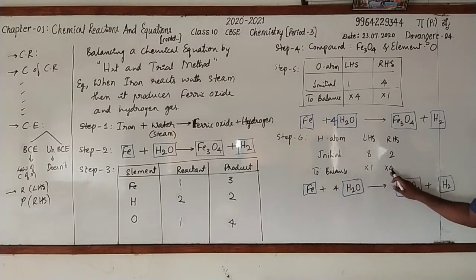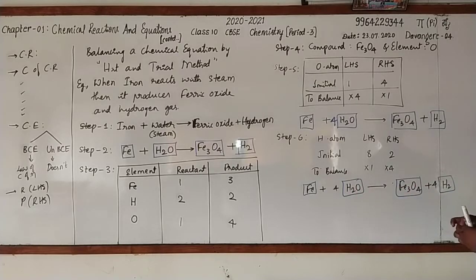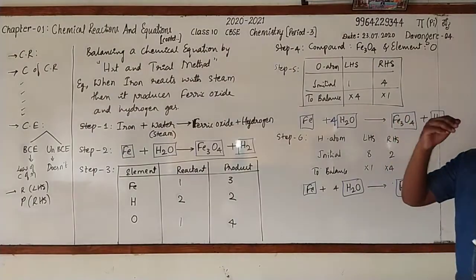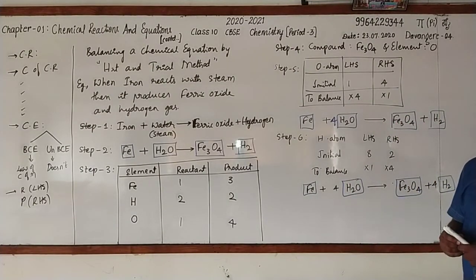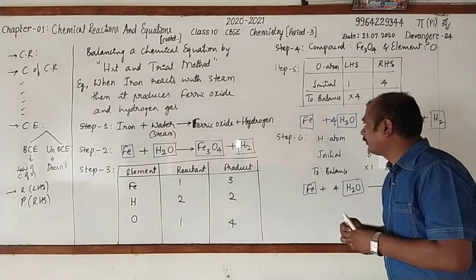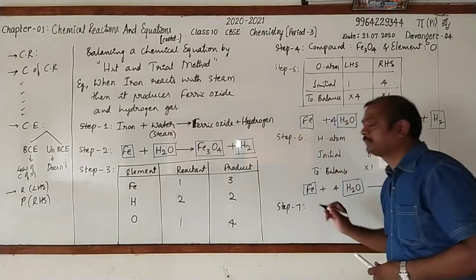So on the RHS side we have to multiply 4 with the hydrogen. Now see that 4 2s are 8. Here 4 2s are 8. Hydrogen atom is balanced. Then what about iron? Now oxygen and hydrogen both are balanced. The left element is iron. Here I'll go for writing step 7.